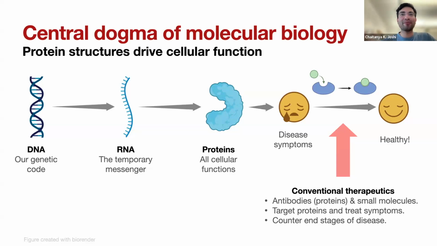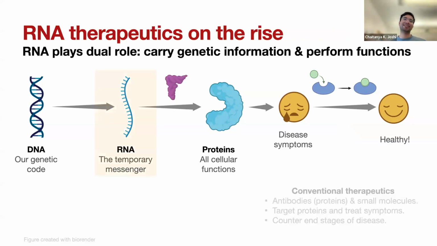proteins in your body. What's emerging in biology is this dual role of RNA as a carrier of genetic information and performing function or having a functional role due to its structure. And that's led to a rise in RNA therapeutics, which are essentially intervening much earlier in this pipeline, okay?